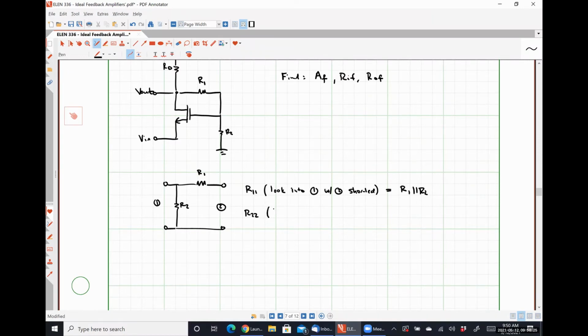R22, we see by looking into 2 with port 1 open. So what is that going to look like, Evan? They're in series. Yeah, so R1 plus R2.